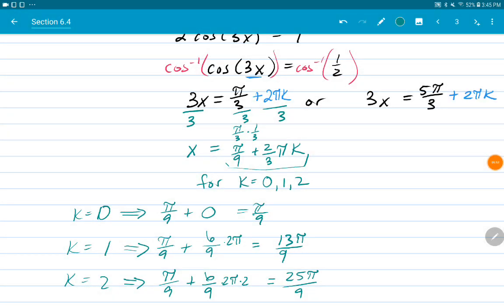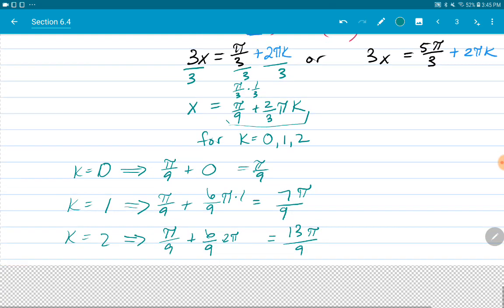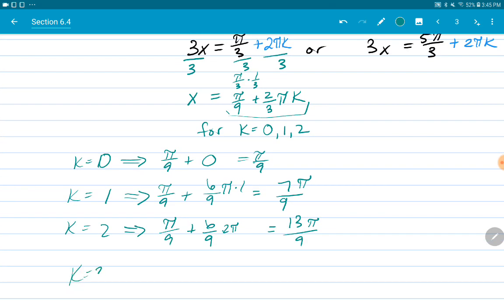Okay, let me back up here. I think that should just be pi times 1, not 2. Which means that should be 7/9 pi. And this is the one that will be 2 pi, so that one will be 13/9. But when I get up to k equals 3, that's when it's going to be too big.